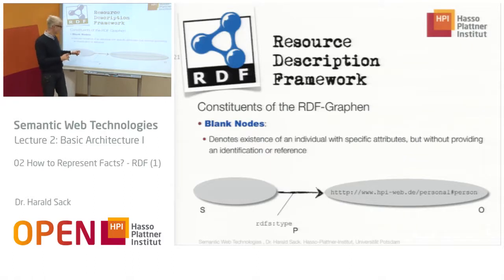But I do not denote which individual this is. I do not give it a name. Sometimes it's pretty convenient to make a statement about things that exist without telling which individual I directly address with this information. For that case, blank nodes are necessary.